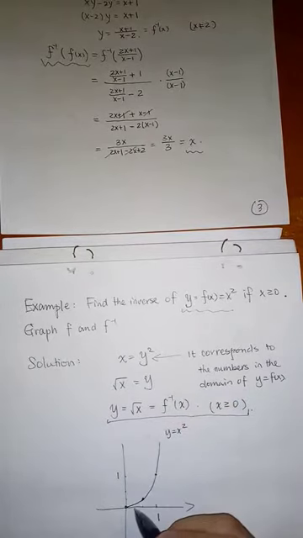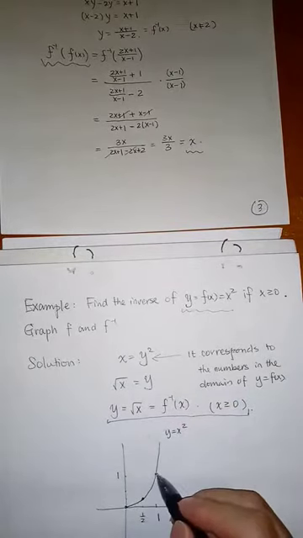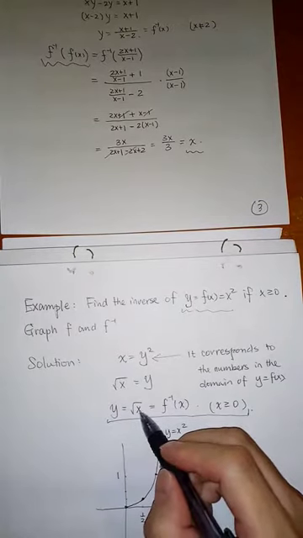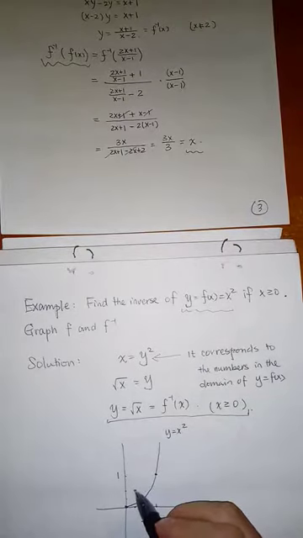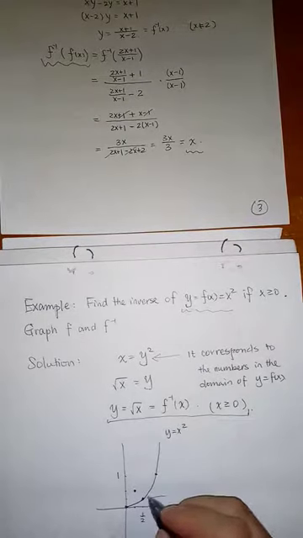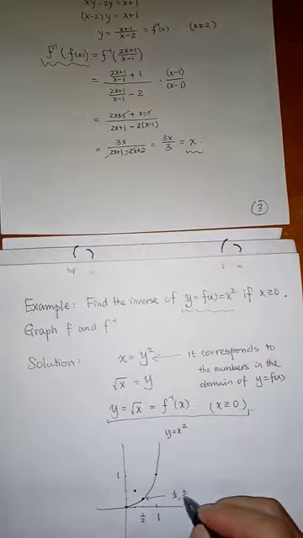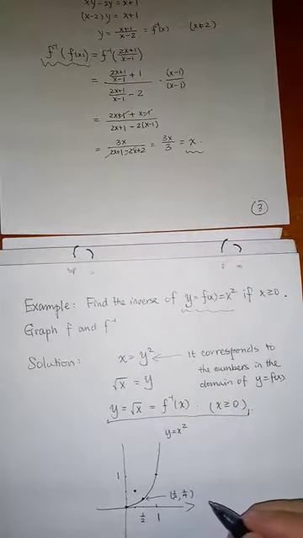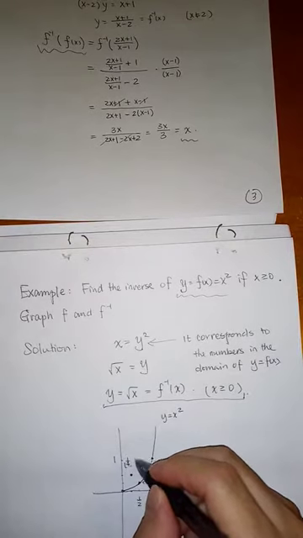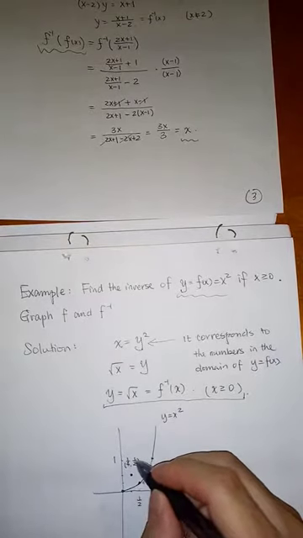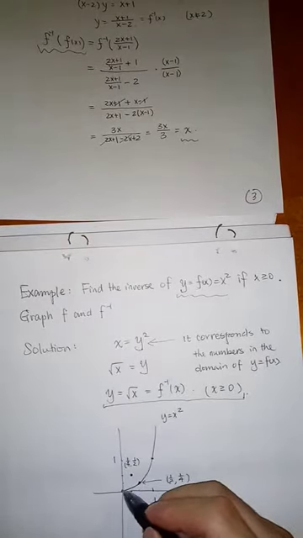When x is 1, y is 1. When x is a quarter, square root of 1/4 is 1/2. It's here. This point is (1/2, 1/4), and this point is (1/4, 1/2). And 0, square root of 0 is 0.